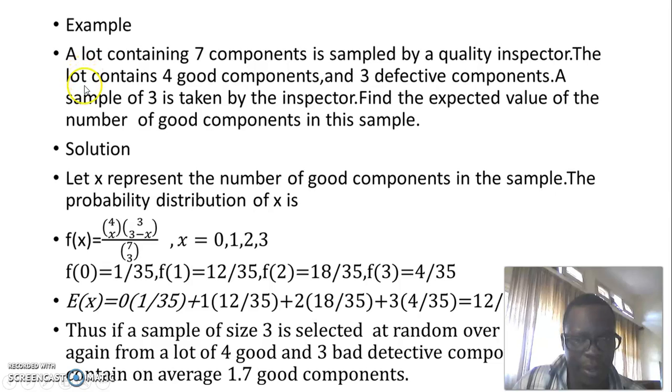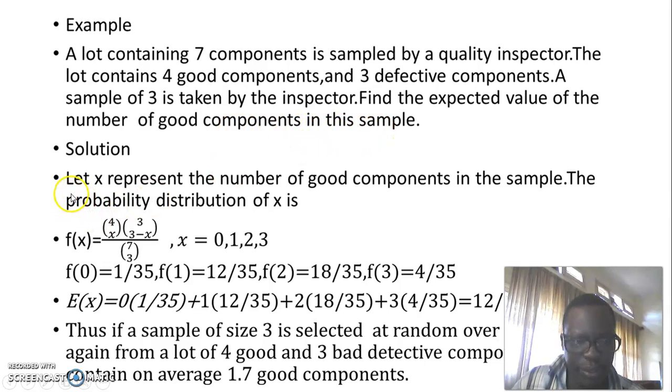For example, a lot containing 7 components is sampled by a quality inspector. The lot contains 4 good components and 3 defective components. A sample of 3 is taken by the inspector. Find the expected value of the number of good components in this sample.